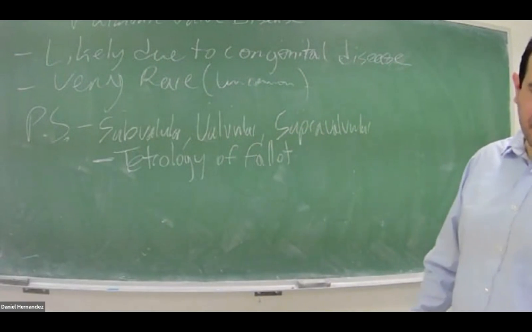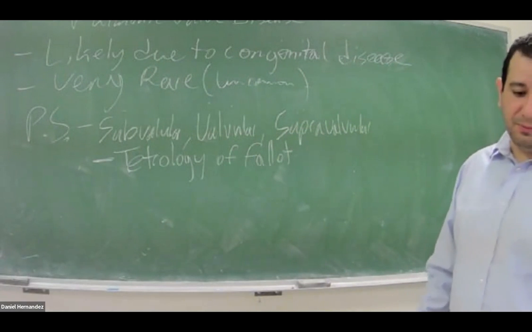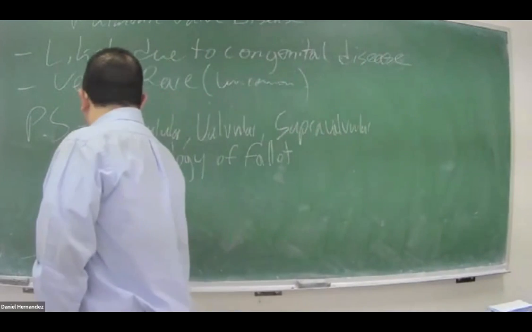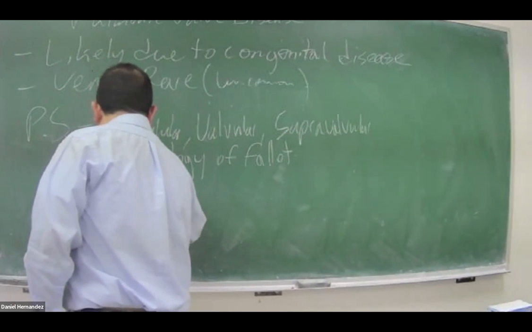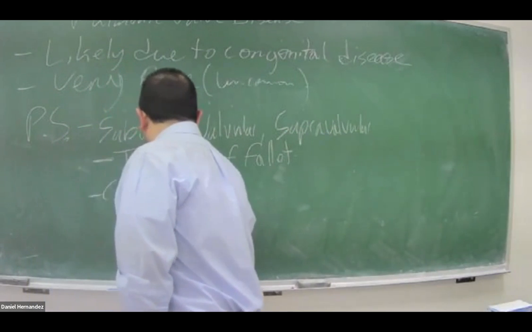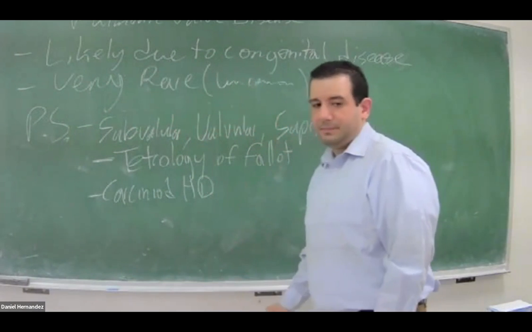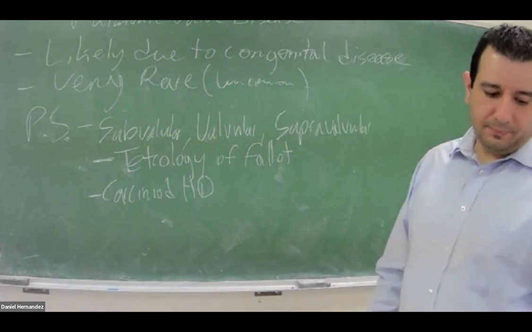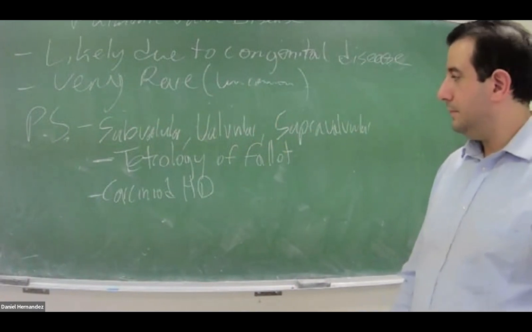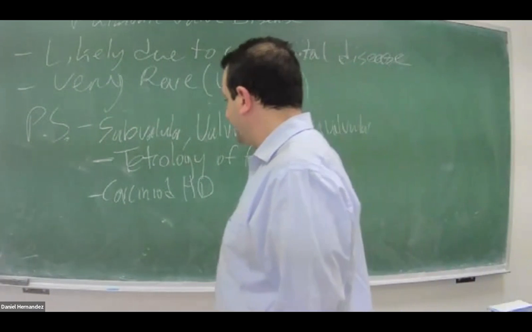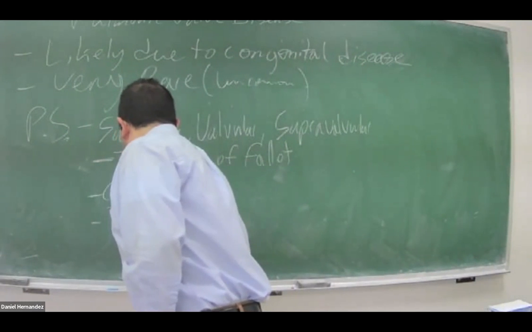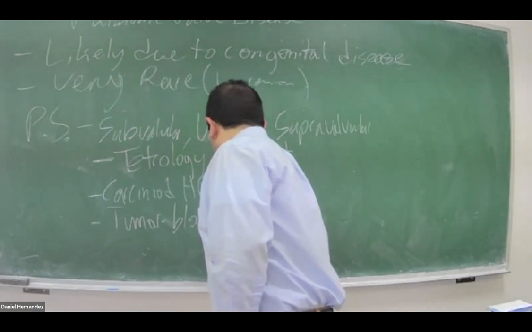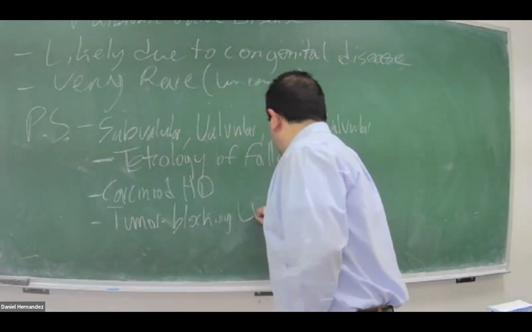Carcinoid heart disease would be the most common form of acquired pulmonic stenosis. Carcinoid. Tumor blocking LVOT.